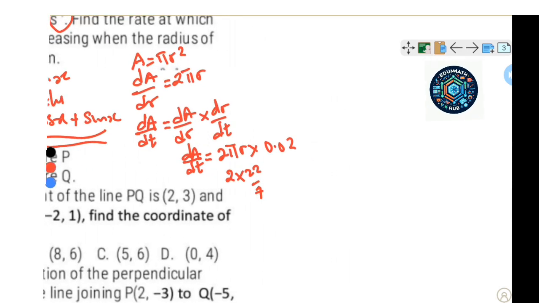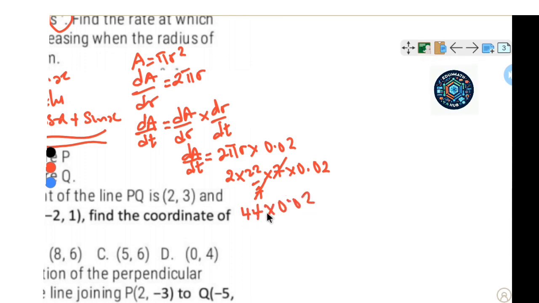So this part is 7, times 7, times 0.02. So this 7 cancels this 7. So 2 times 22 will give you 44 times 0.02. 44 times 2 will give you 88. So then the decimal points, that will be 0.88.